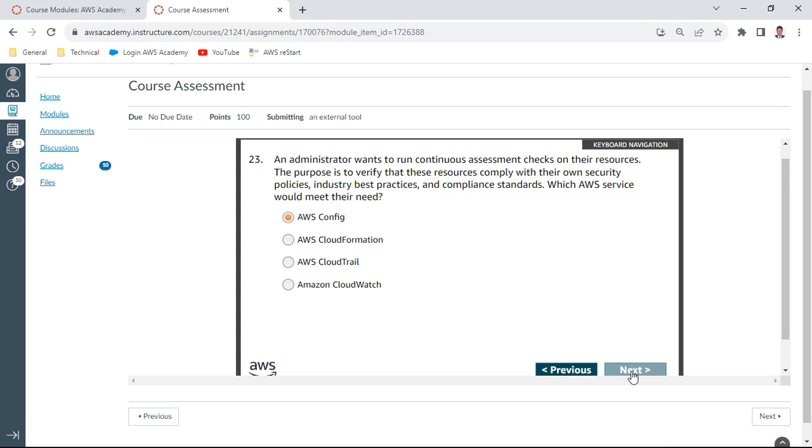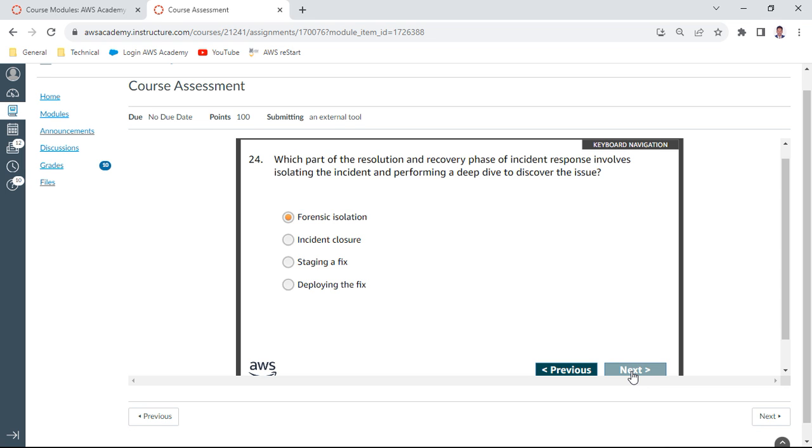23: an administrator wants to run continuous assessment checks on their resources. The purpose is to verify that these resources comply with their own security policies, industry best practices, and compliance standards. Which AWS service would meet their need? This is Config. 24: which part of the resolution and recovery phase of incident response involves isolating the incident and performing a deep dive to discover the issue?